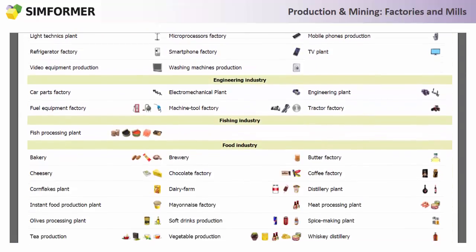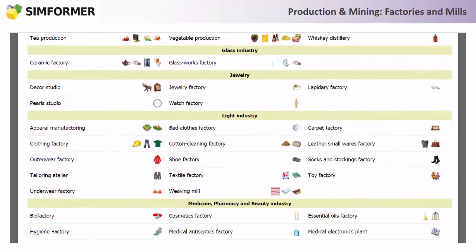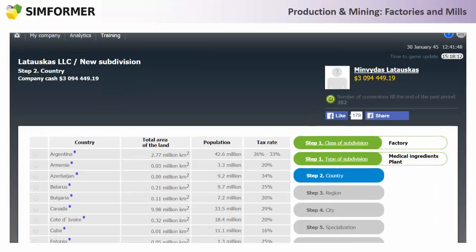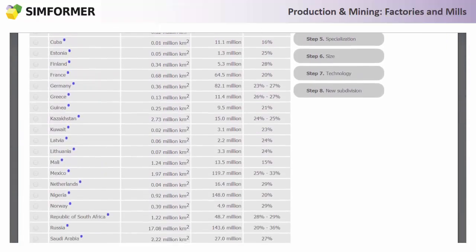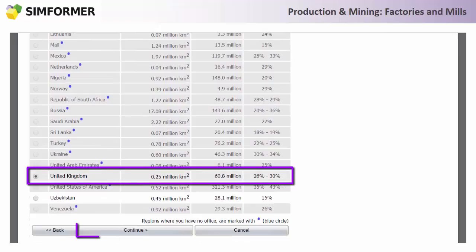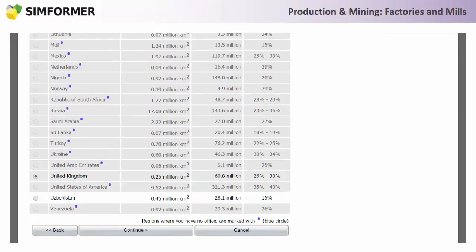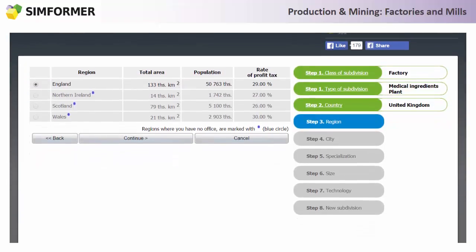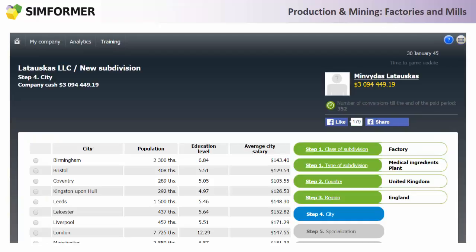Take into consideration that you can open a factory only in a country where you have an office. As you have chosen a country, then you will have to choose a region and then a city, and you move on to open your factory.